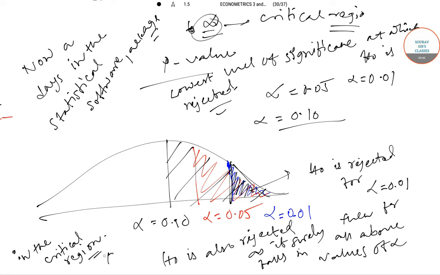So therefore the p-value here will be 0.01.